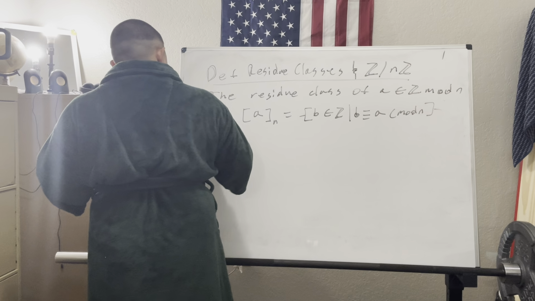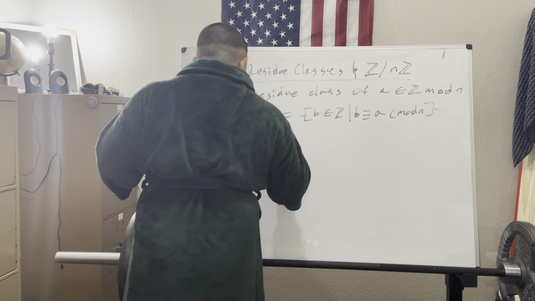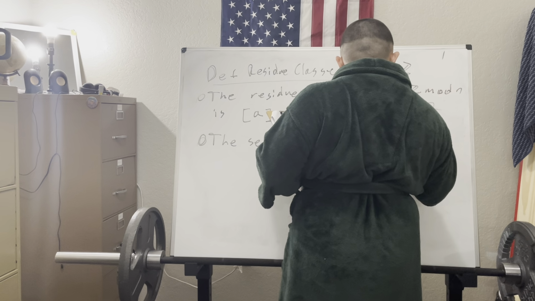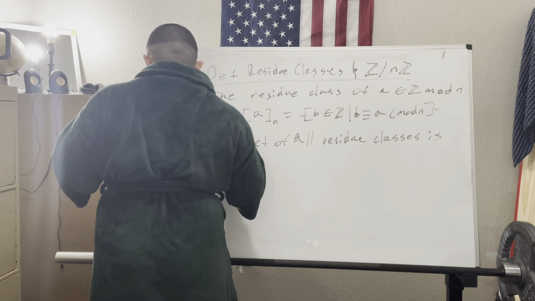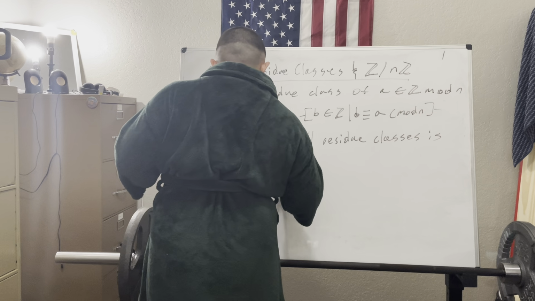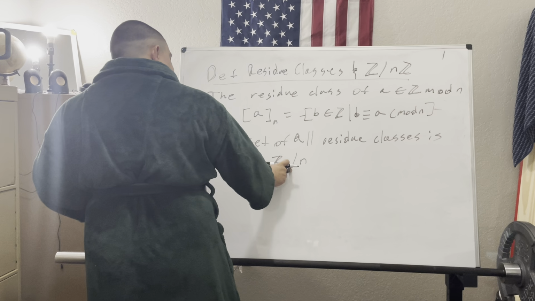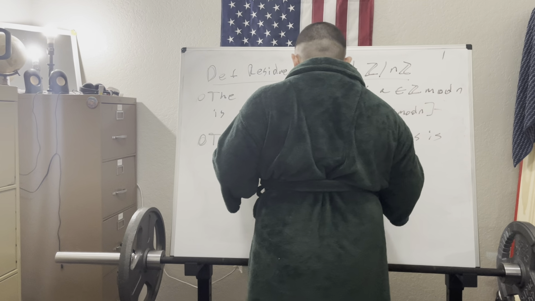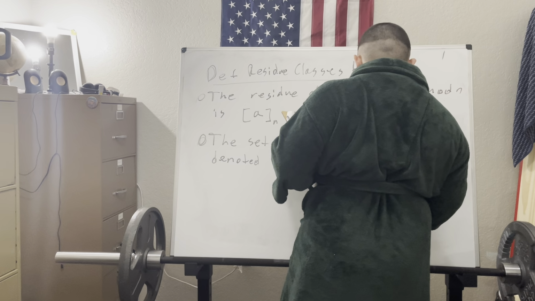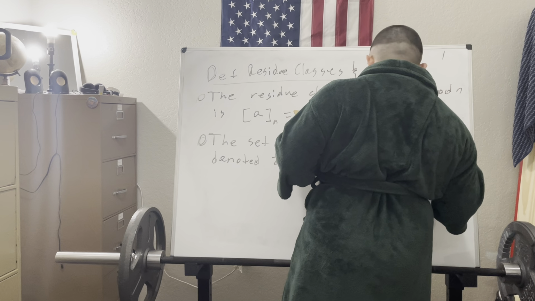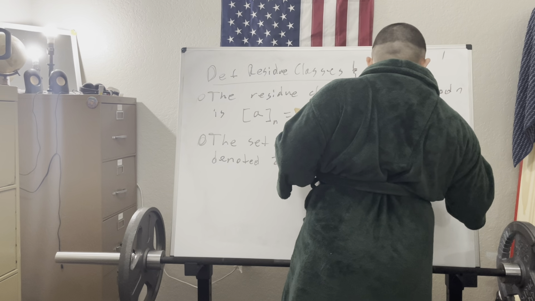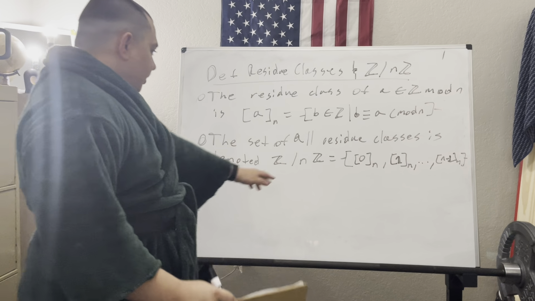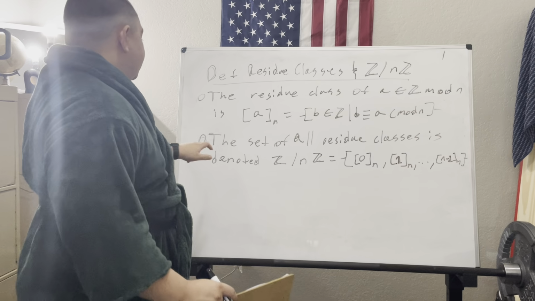The set of all residue classes is denoted by the integers divided by n times the integers, which is these equivalence classes here, 0, 1, and so on. These are all the residue classes.